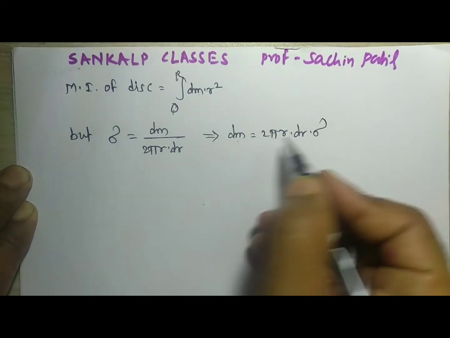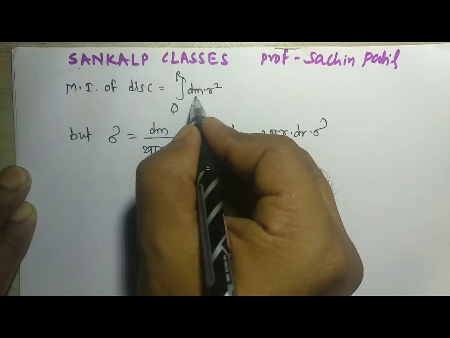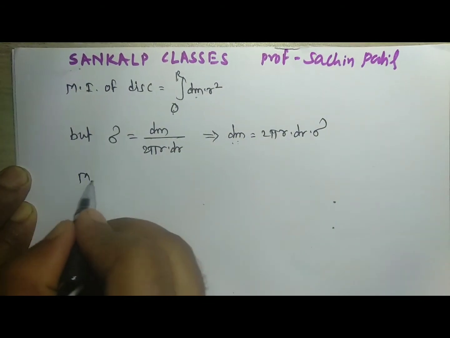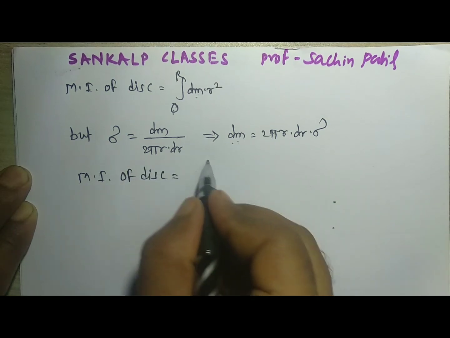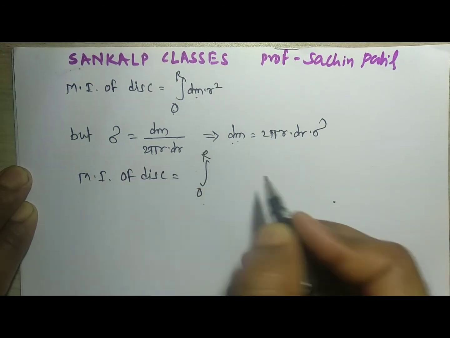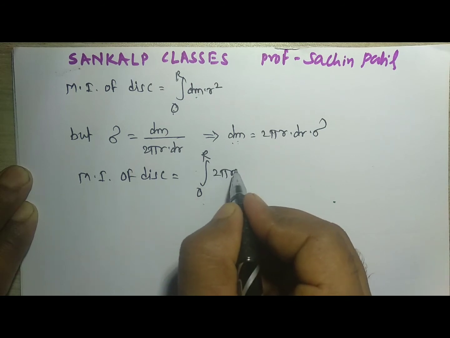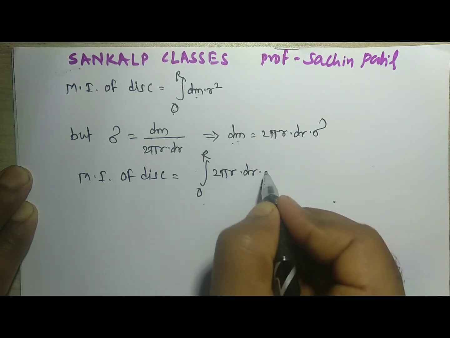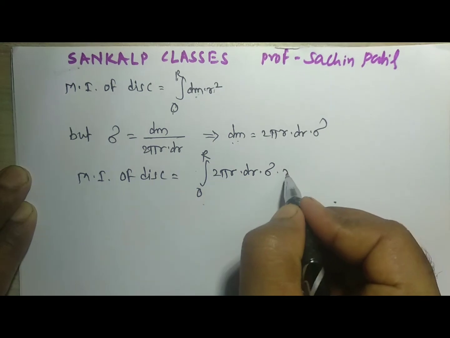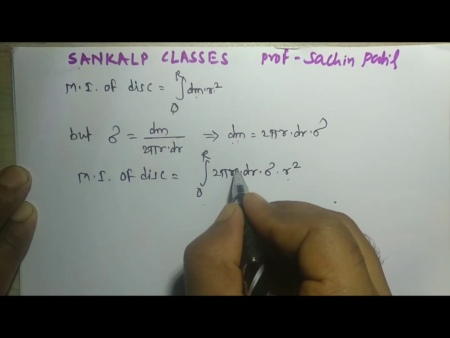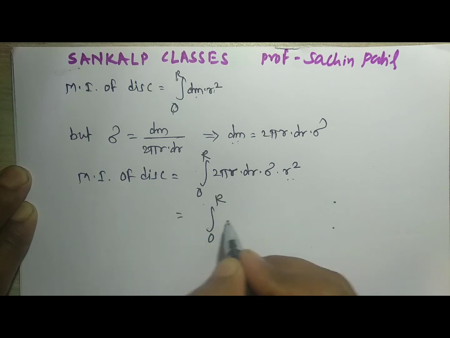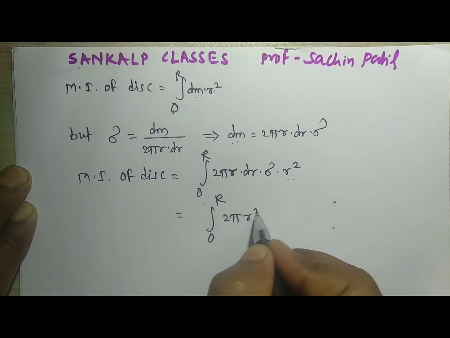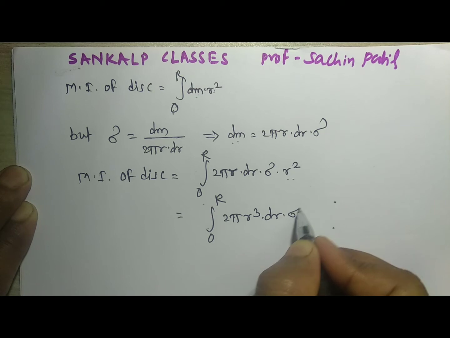This value of dm we put inside the integration, and you will get the moment of inertia of disk is equal to integration 0 to R of 2 pi r into dr into sigma, and this r square is here, r square into r, that means r cube. You will get the integration from 0 to R of 2 pi r cube into dr into sigma.